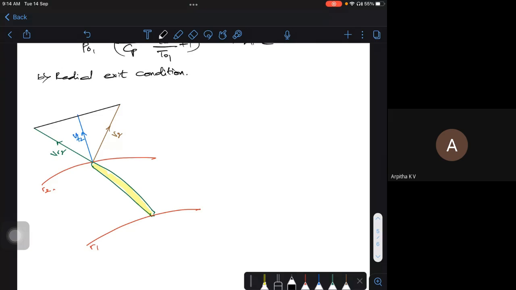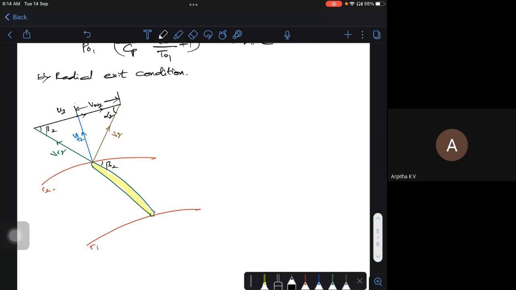This will be my U2, the total one will be U2. Only this component will be VW2, because this is the whirl component of your V2. Hope you remember, absolute velocity has two components: one is the flow velocity, the other is the whirl velocity. If I write the blade angles, this is my beta2, your exit blade angle, and this is your flow angle alpha 2.